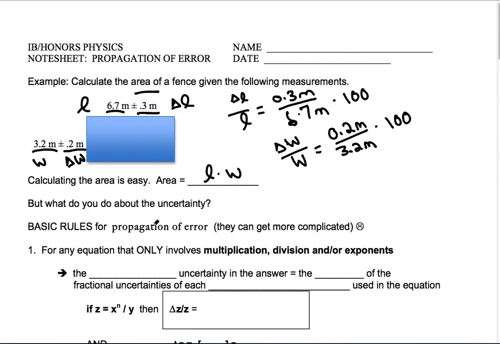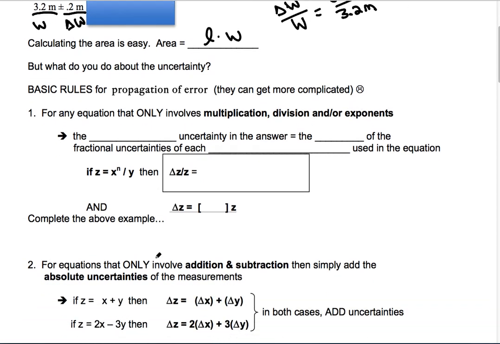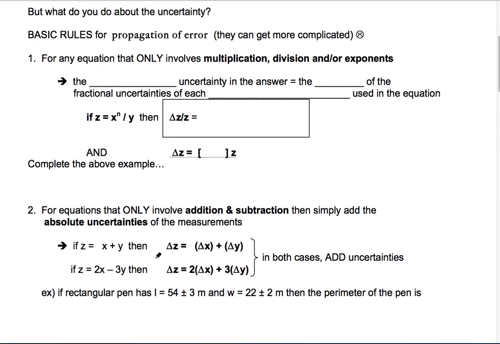So how do we carry out the uncertainty within a calculation, also known as propagation of error? Basically, your calculation is going to fall into one of three categories. They're going to be multiplication, division, or exponents; addition and subtraction; and trigonometry.